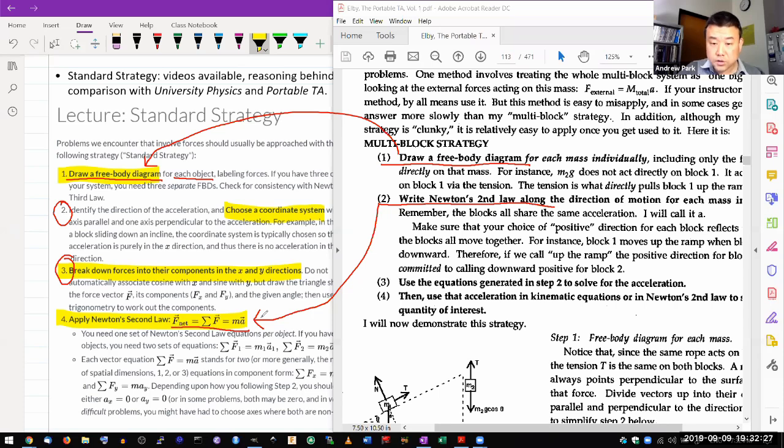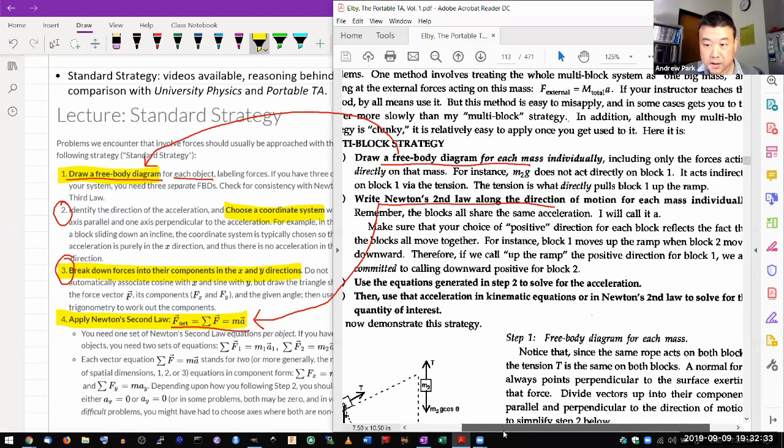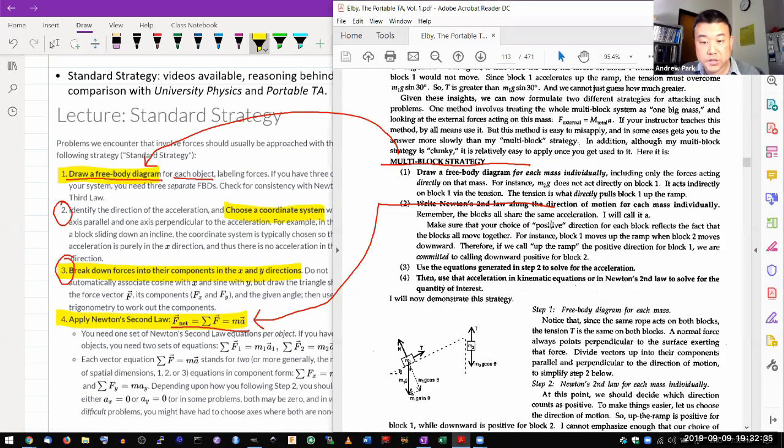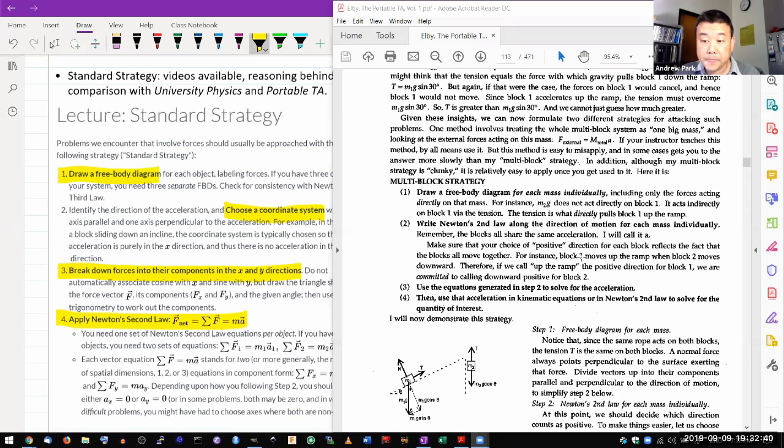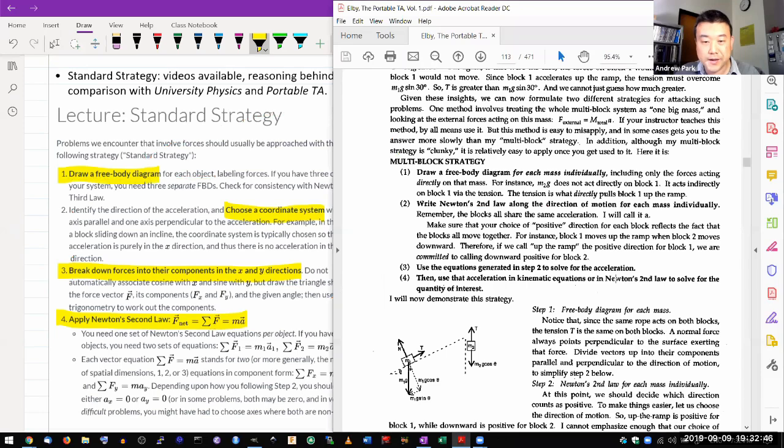And as you read through what Andrew Elby wrote in the Portable TA, you can see how they do match up. So I feel like ours is a slightly polished version of the strategy that he describes in the Portable TA.